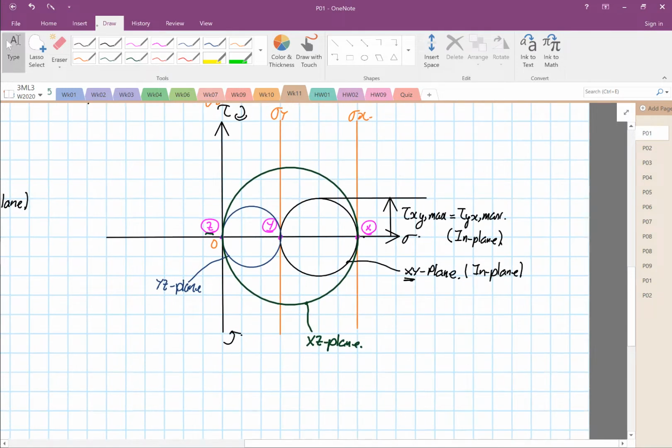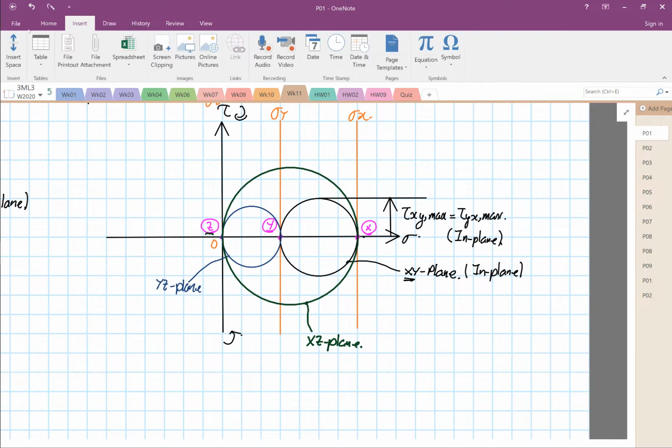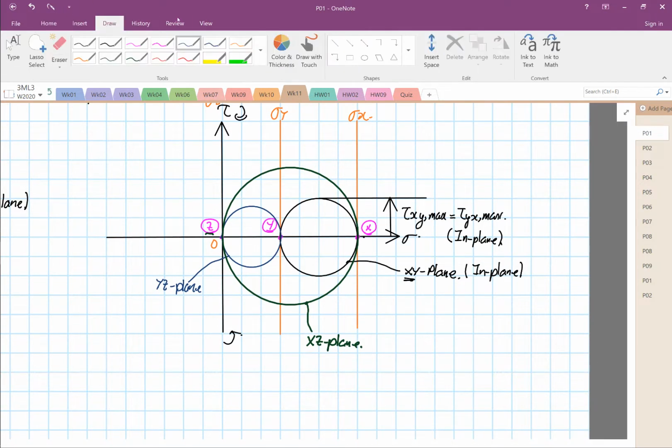And the next one, we have over here, you can see for yourself now, this corresponds to your tau YZ max. Alright, and we also know that this is your out of plane.